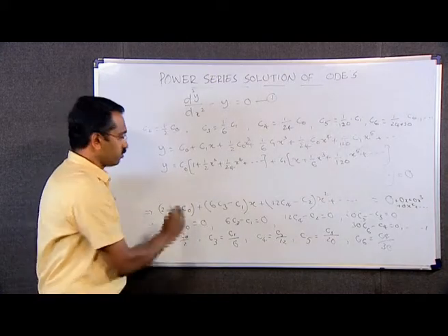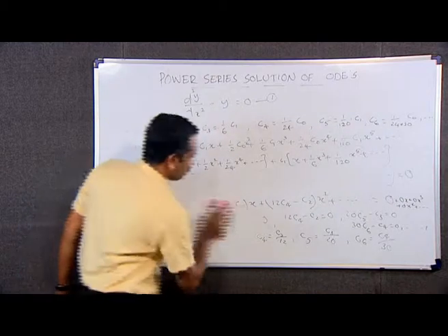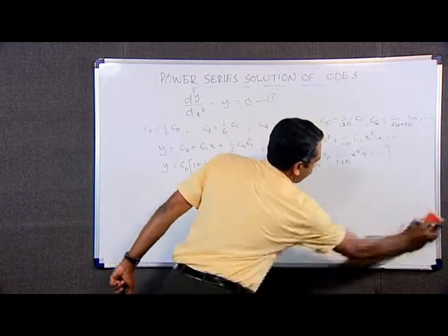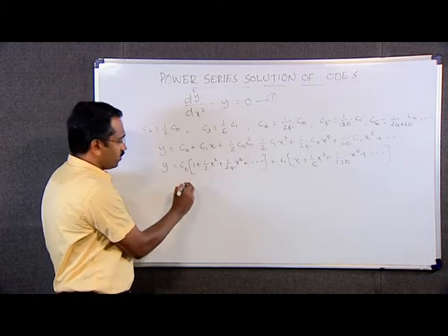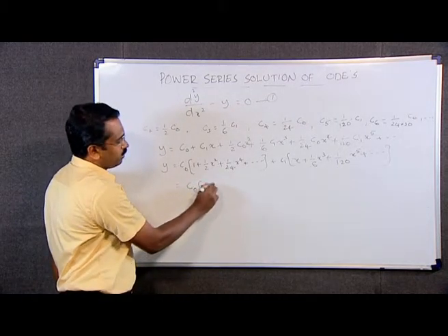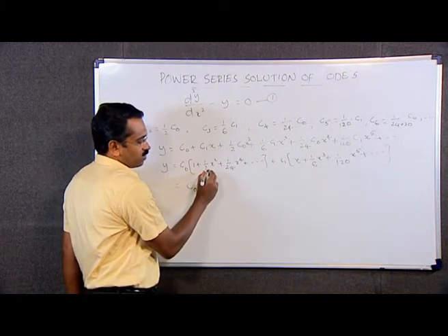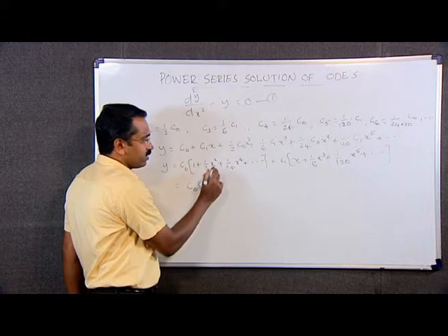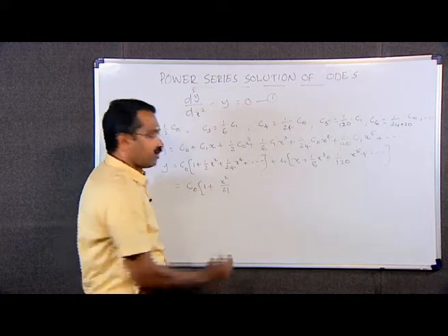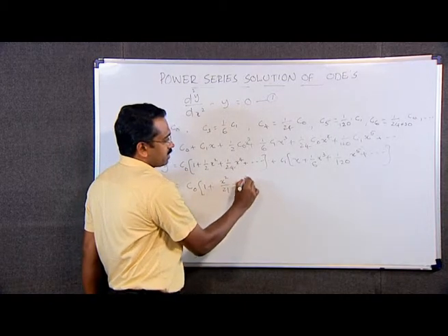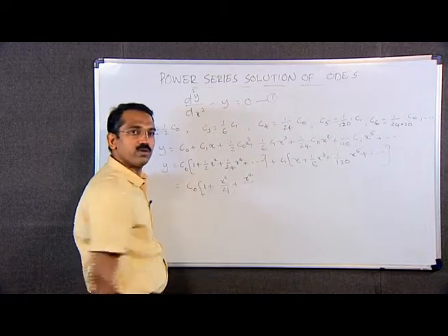We can write this as y is equal to C0 into 1 plus x square by 2 factorial plus x raised to 4 in the numerator, in the denominator it is 24.